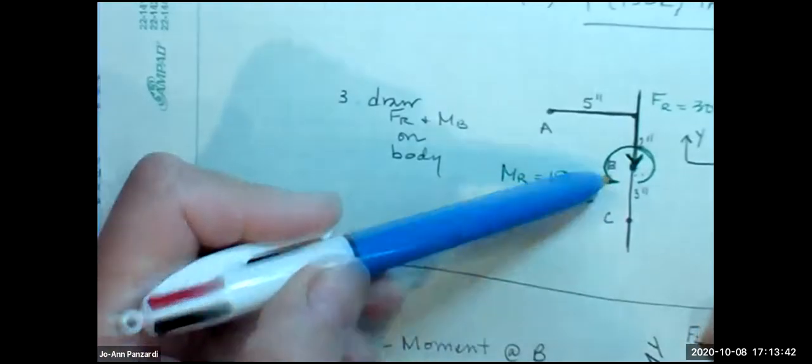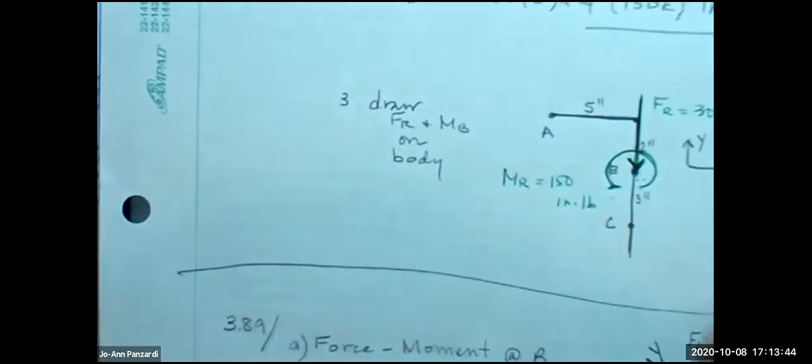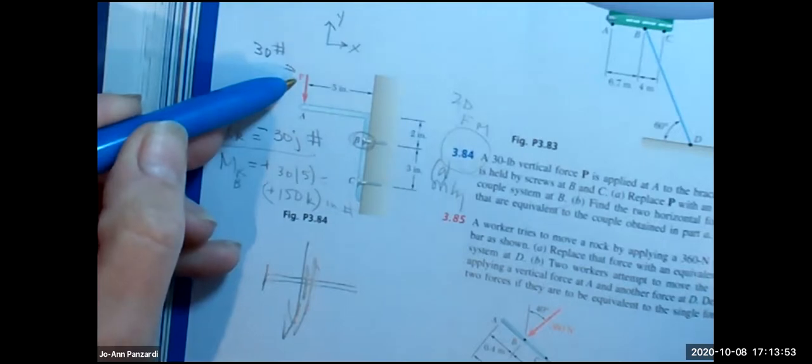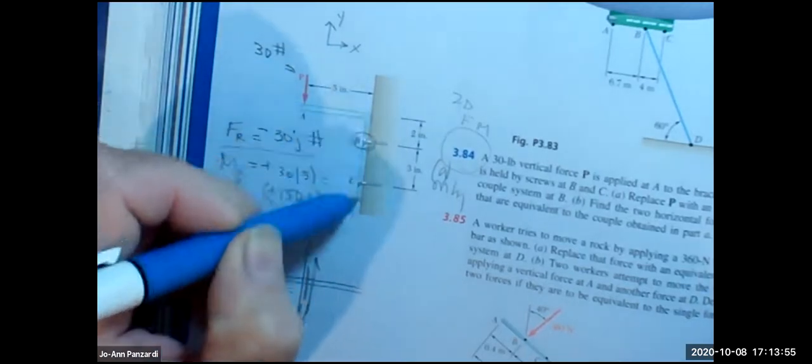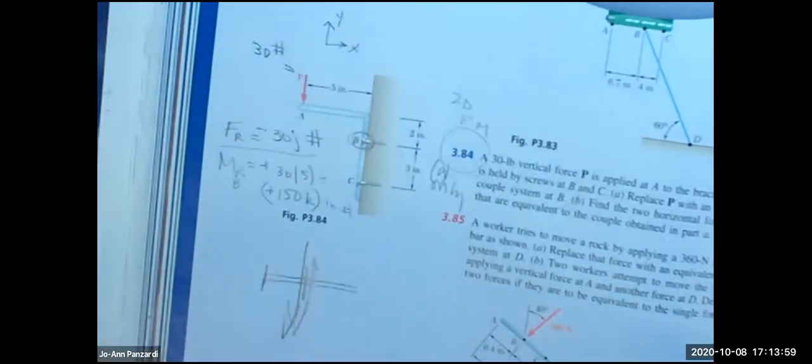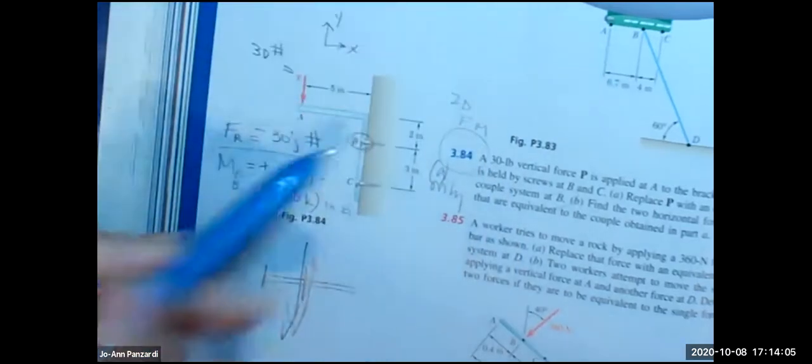Pushing at A is equivalent to pushing and twisting at B, because point B is the point in question. What is point B experiencing with this 30-pound force? If it was a free body, this whole bracket would start moving down due to that 30 pounds, and it would also twist due to that 30 pounds.